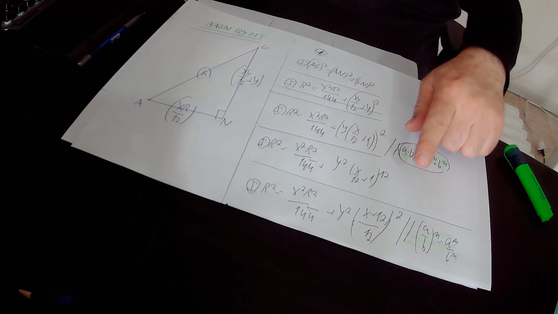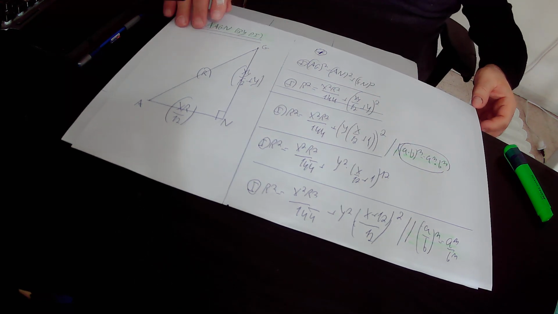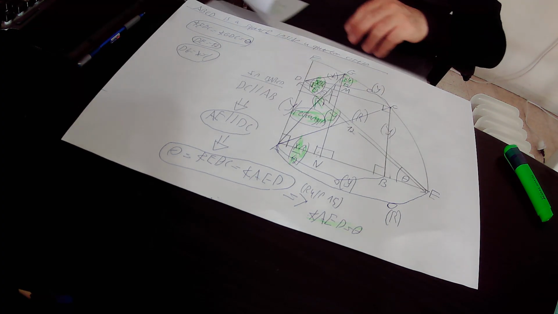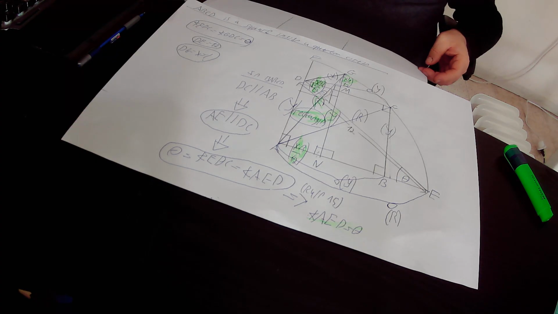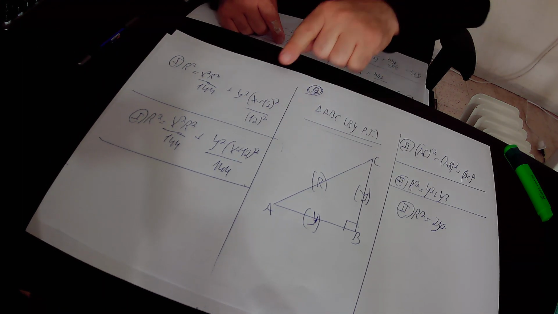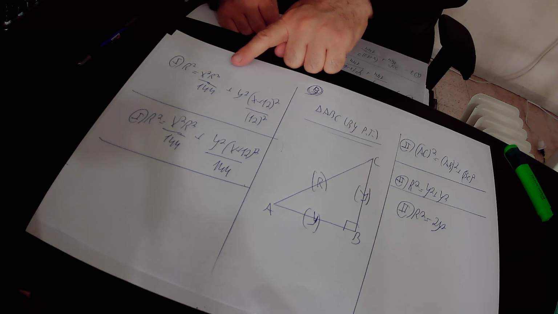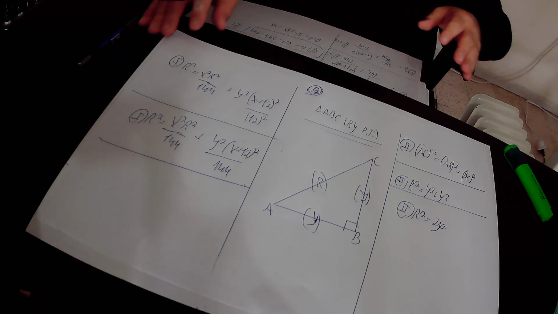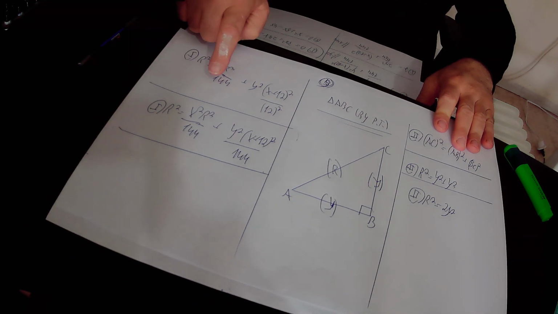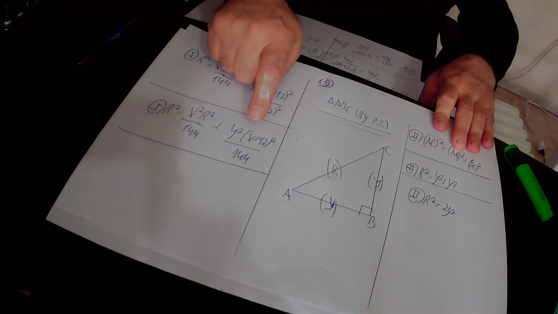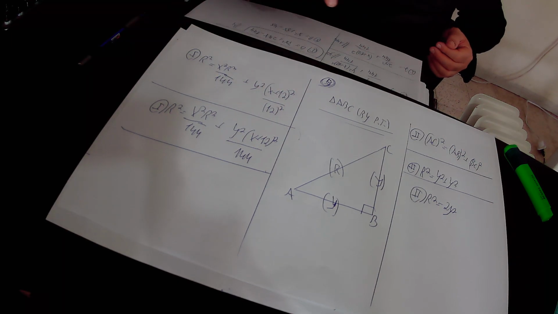Read again: x plus 12 squared over 12 squared times y squared plus x squared times r squared over 144 equals r squared. So r squared equals x squared times r squared over 144 plus y squared times x plus 12 squared over 144, and 12 squared is 144. So this is equation 1.